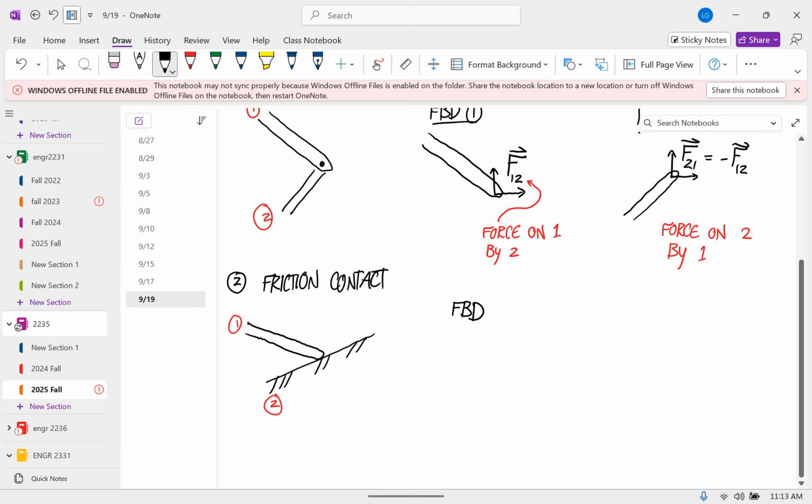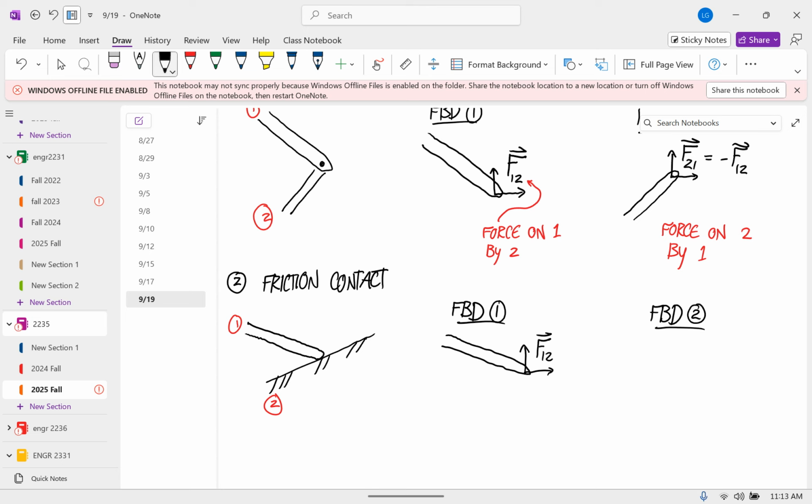Then a free body diagram of body 1 again has an unknown force vector, so I'll call this the force on 1 by 2. And the free body diagram of body 2, we would call that the force on 2 by 1, and that's equal to negative F12.